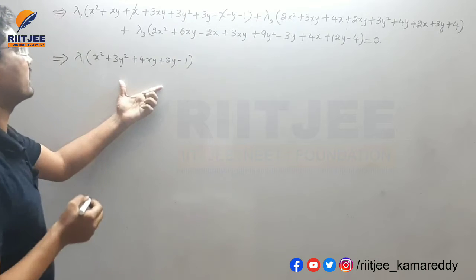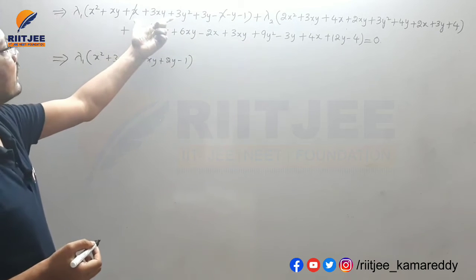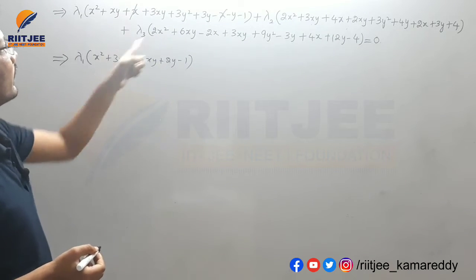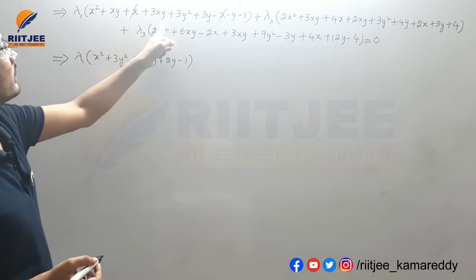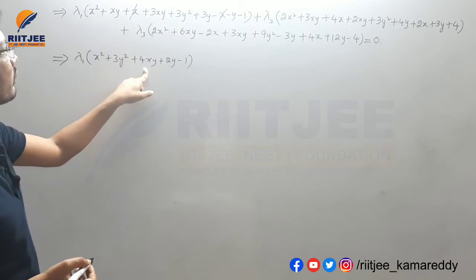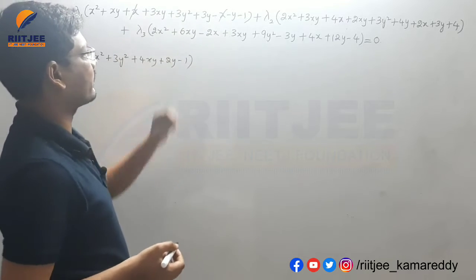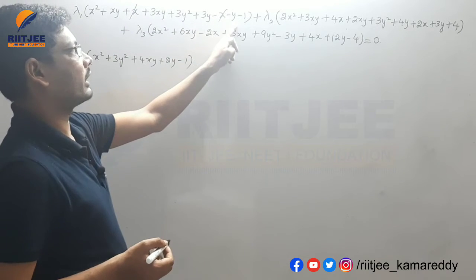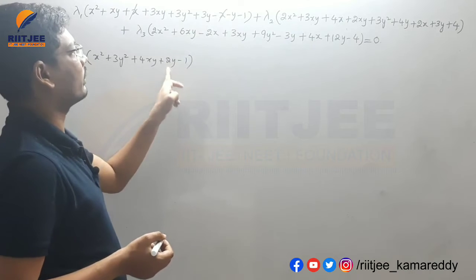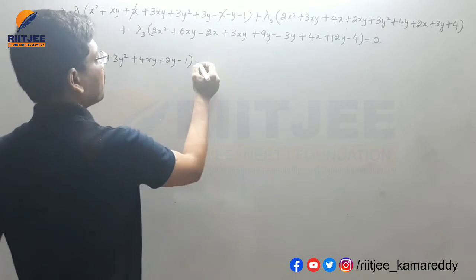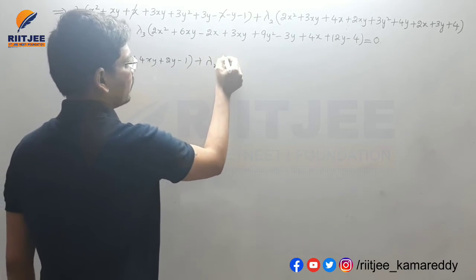This is all about the simplification of these two multiplications: x square and 3y square, and xy and 3xy will become 4xy, and the x terms plus x minus x will get cancelled here, 3y minus y is nothing but 2y, and finally minus 1, plus lambda 2 here.